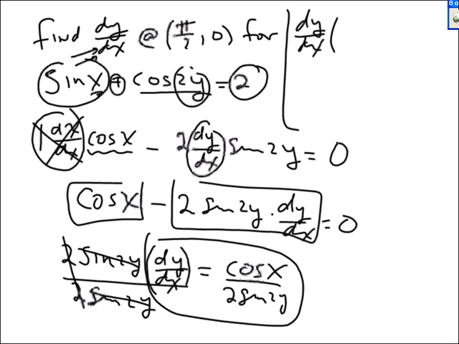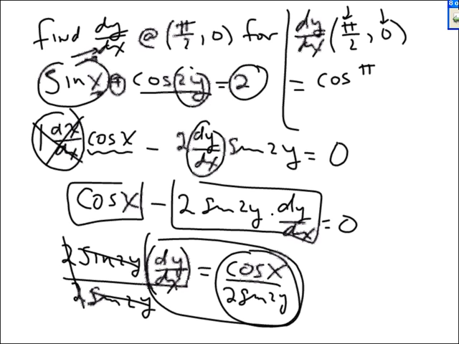We want dy dx when x is pi over 2 and y is 0. So I recopy this, and instead of x I put pi over 2, and instead of y I put 0. I get cosine of x, which I write this way, divided by 2 times sine of 2y.